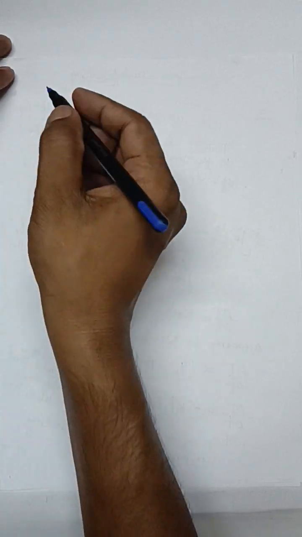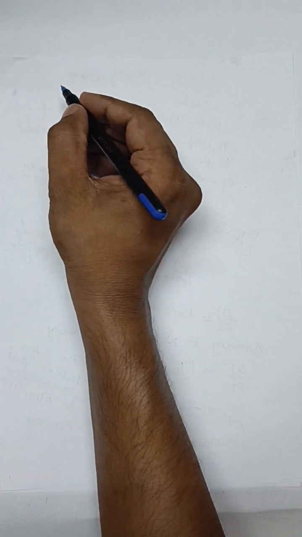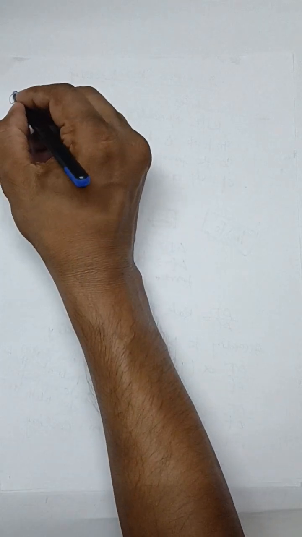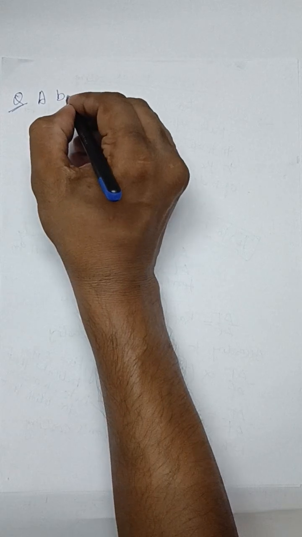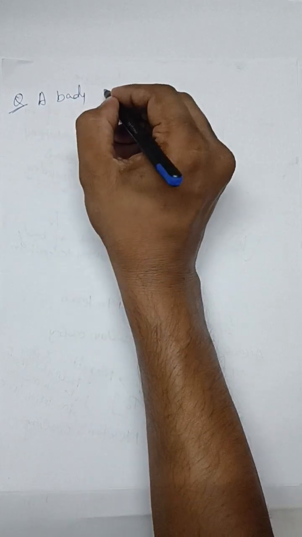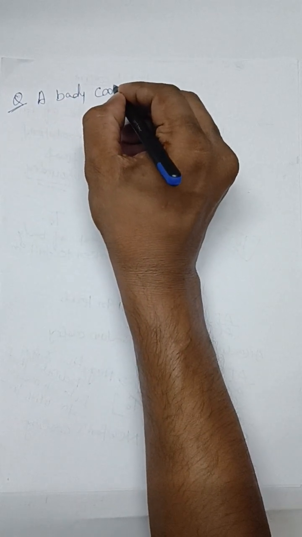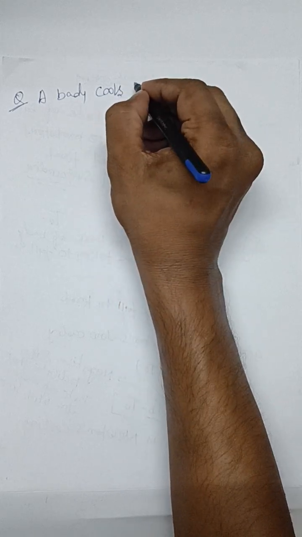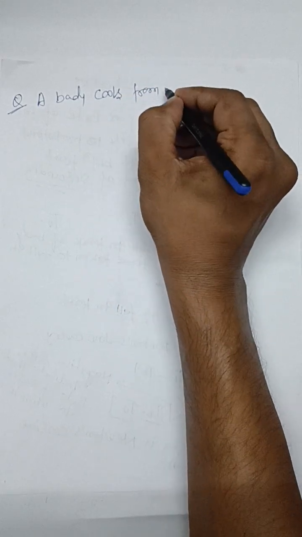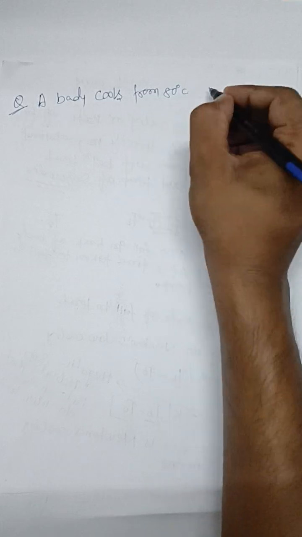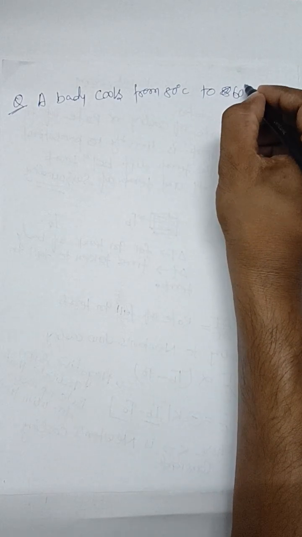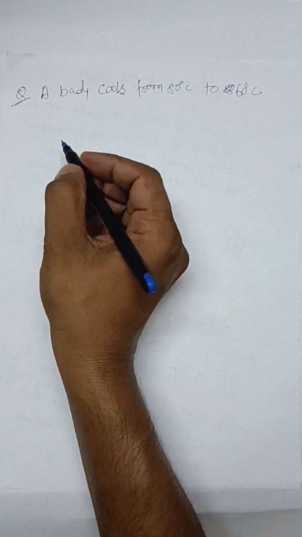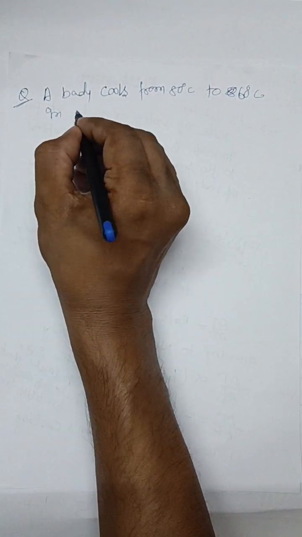Such as a problem given: a body cools from 80 degrees centigrade to 60 degrees centigrade in 5 minutes.